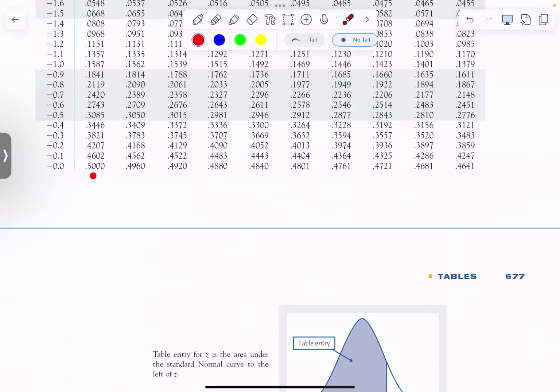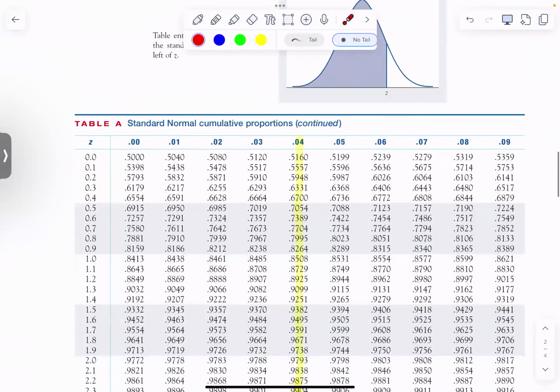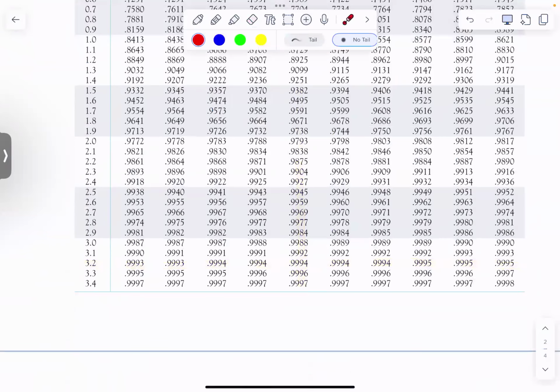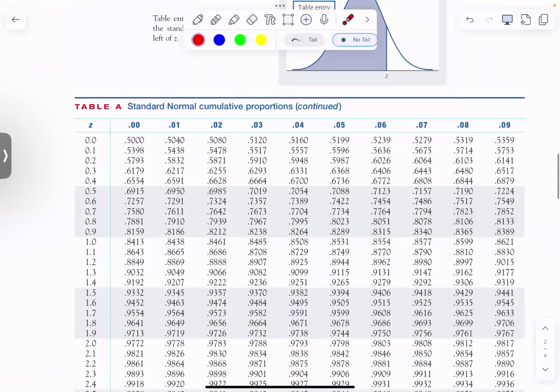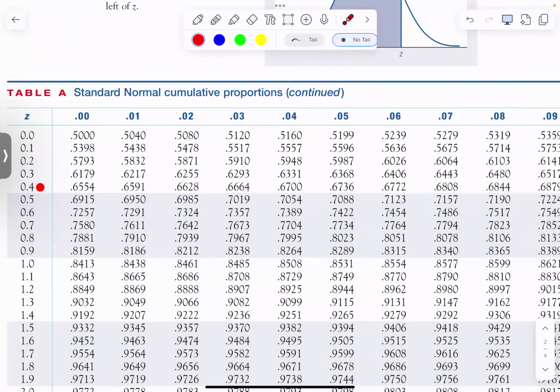Then we can move to the positive side, the sunny side of the street here of the Z table. So you just always want to make sure that you're working on the correct side.